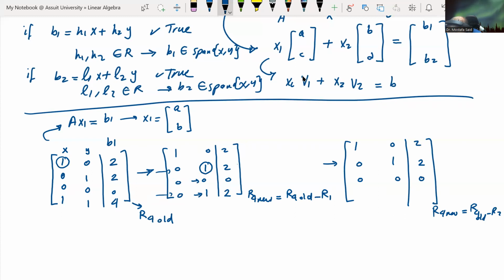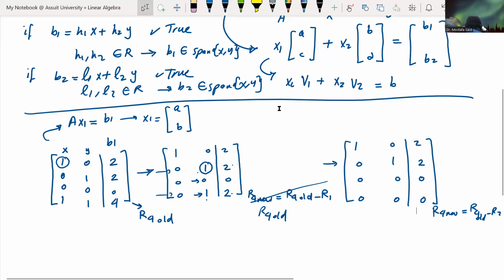This is the second step. So 0 minus 0 is 0, 1 minus 1 is 0, 2 minus 2 is 0. Good, that's what we end up with.